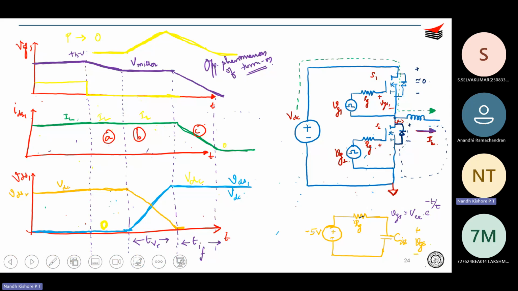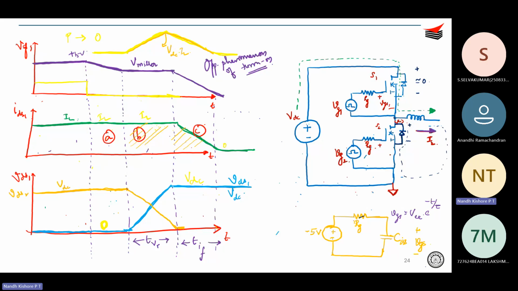So we should be concerned in both regions B and C. Okay, because the power over here is VDC into IL. It increases during this region and it falls during this region. Right? Same way, like for turn on also, we saw the profile was like this.